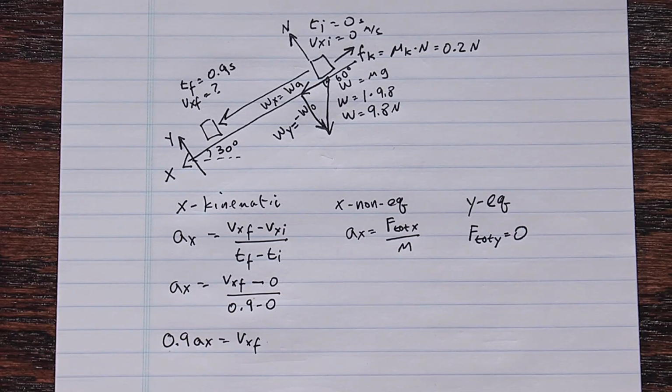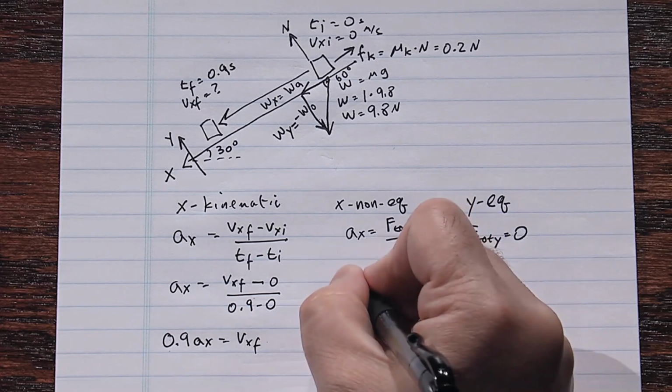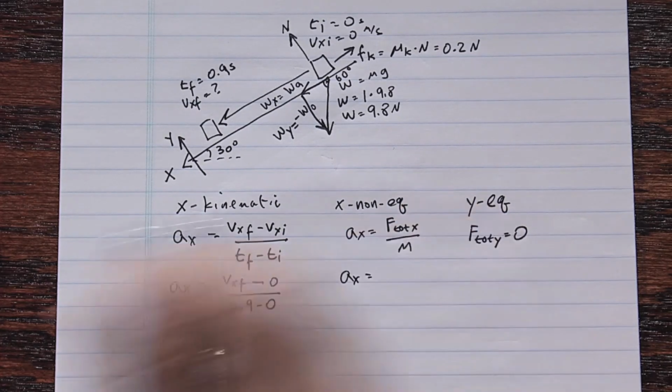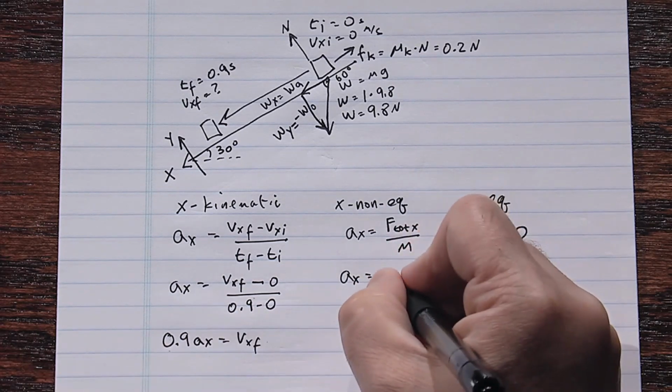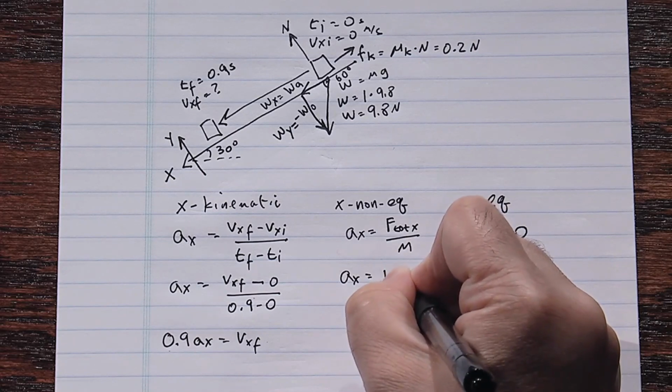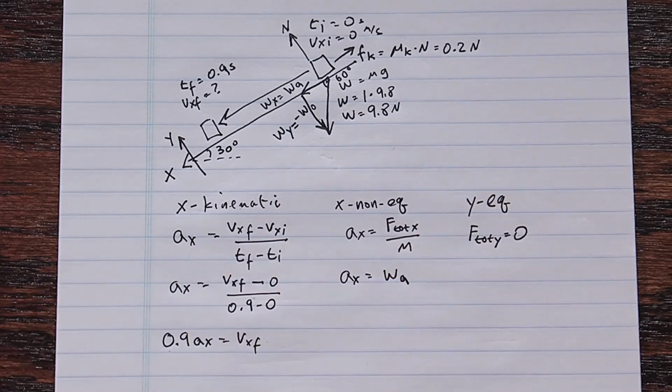As far as this equation is concerned, we have to move on to our next equation, which happens to have Ax in it, so that's good so far. Ax, we don't know, is equal to the total force in the x direction. What forces do we have pulling in the positive x direction? Weight, not all of it, but part of it. Weight adjacent is pulling in the positive x direction.